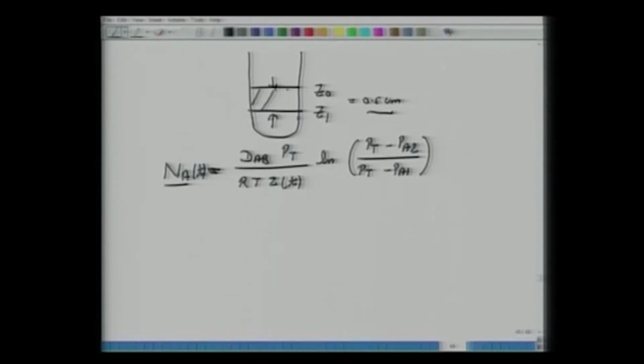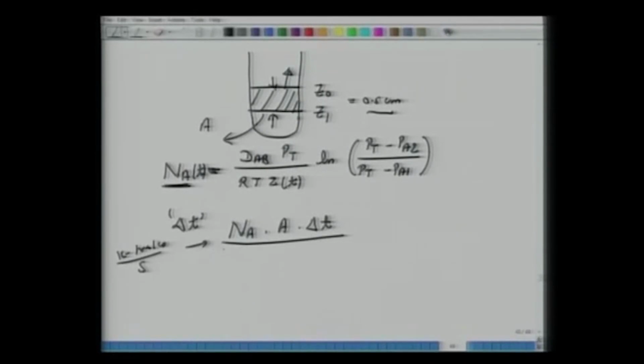Now we make a material balance over the del T: how much amount of A has evaporated, equated with this diffusion flux. So we have NA moles per second per meter square of ethyl acetate which evaporates over the cross-sectional area A over this del T. In one second, so many moles of A diffuse.